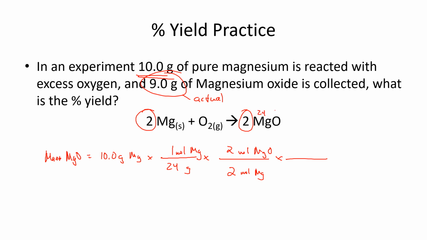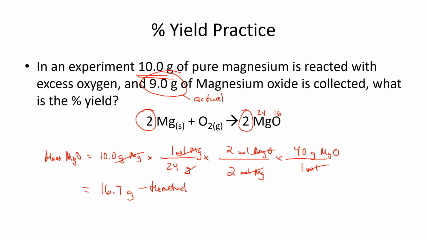Magnesium is 24, oxygen 16, so those would add up to 40 grams per mole of magnesium oxide. And we'll make sure everything cancels out here. Grams, grams, moles, moles, moles, moles. And what we work out is 10 divided by 24 times 40, because the 2's cancel out, we end up with 16.7 grams. So that would be our theoretical amount.